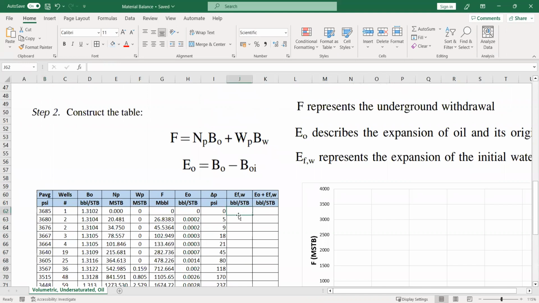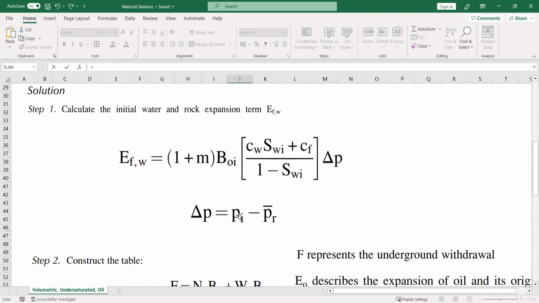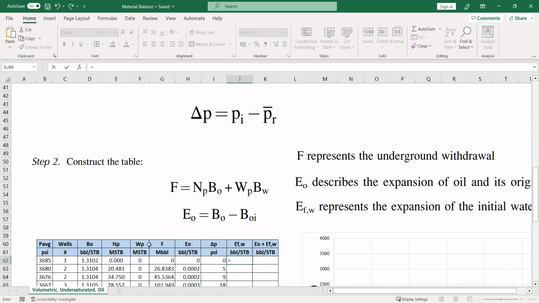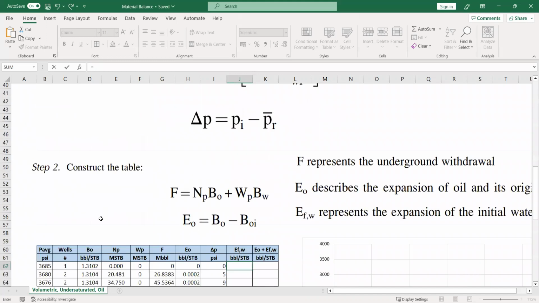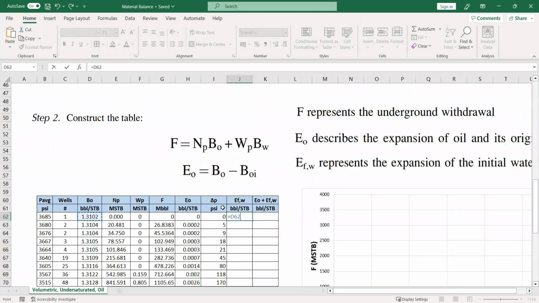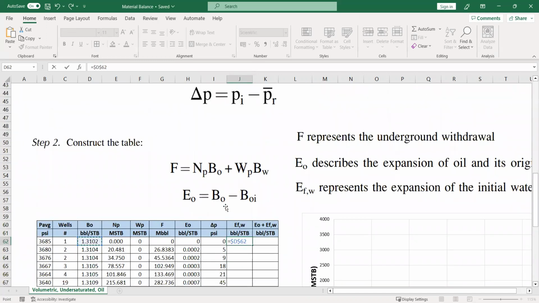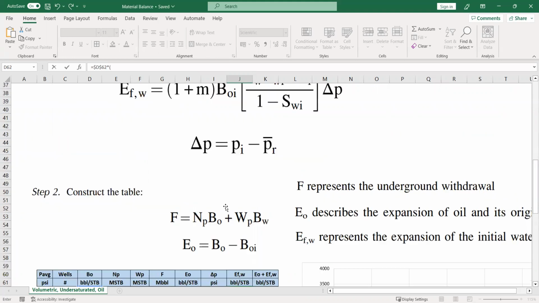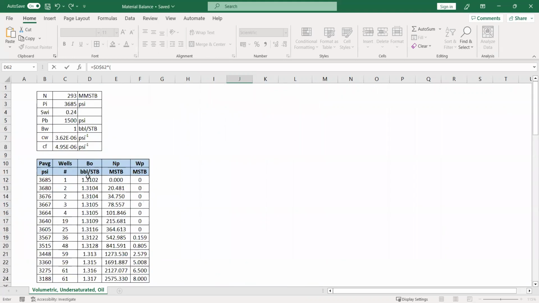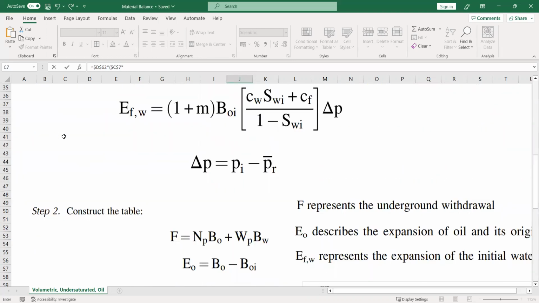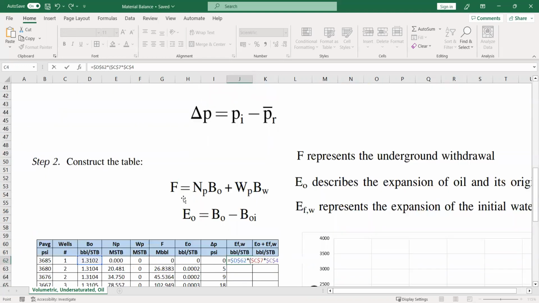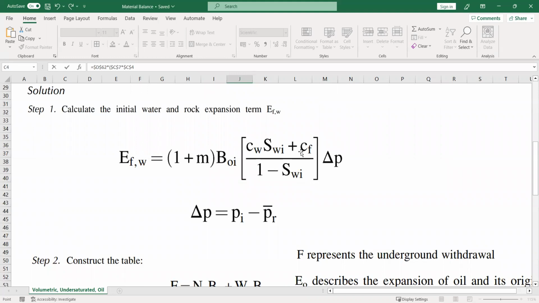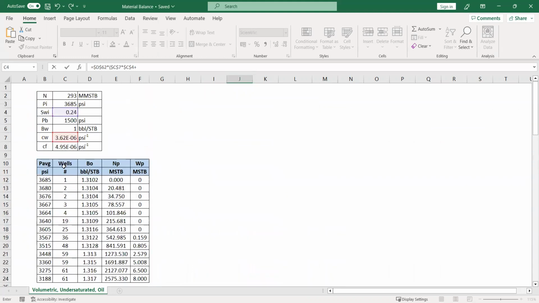And then just compute the EFW using the formula. So it should be BOI. Maybe I can borrow value here. No, just use it here and then lock, multiplied by CW, lock, multiplied by initial water saturation, lock, and then plus the CF. It's also a constant.